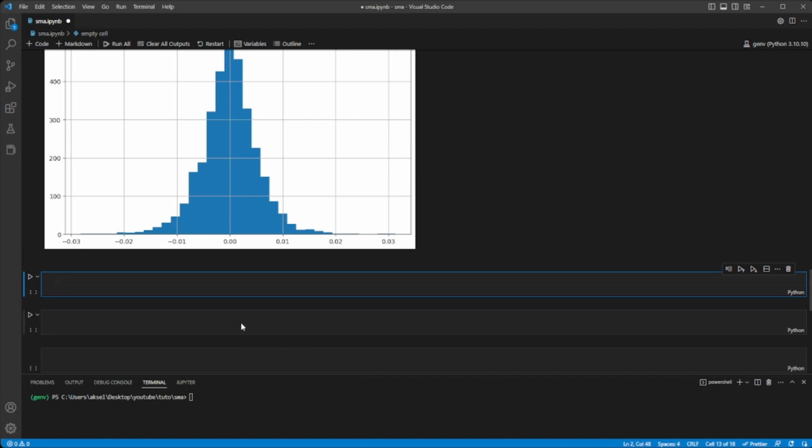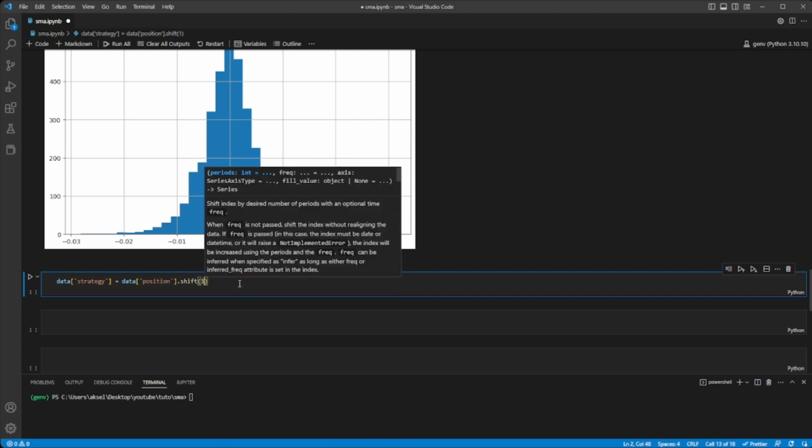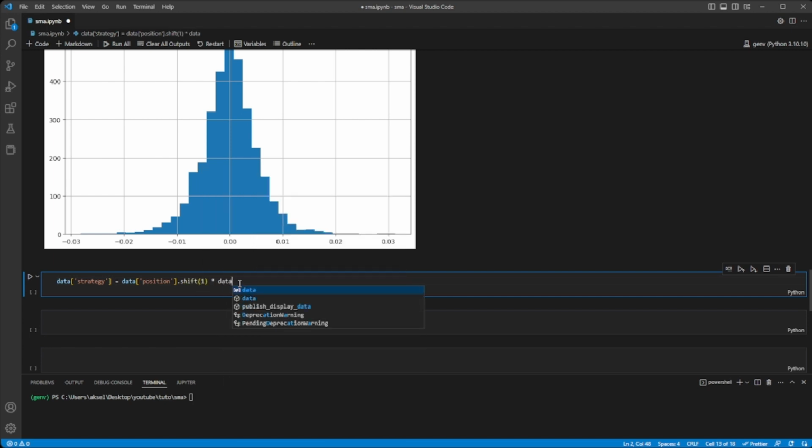So let's do our comparison. So data strategy, so the returns of the strategy, data position, and we're gonna shift it by 1, and we're gonna multiply it by the returns.